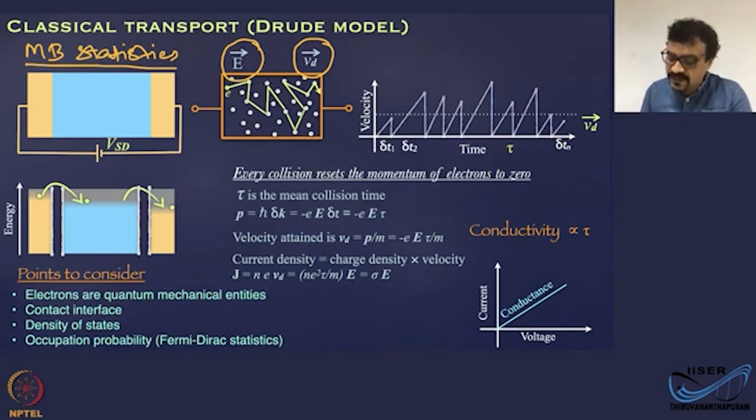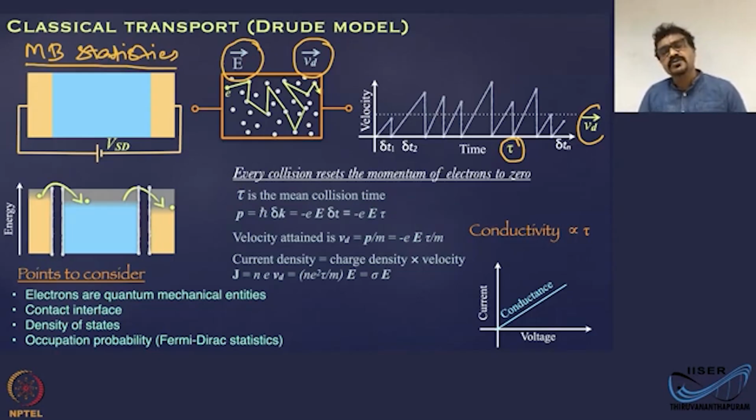So you will have a distribution of time between two collisions, this delta T1, delta T2, and so on, delta Tn. And the mean or the average of this time is something which we call the collision time or scattering time. That is the mean time between two collisions. And correspondingly, there is an average value for the velocity of the electrons through the system that we define as drift velocity or Vd.